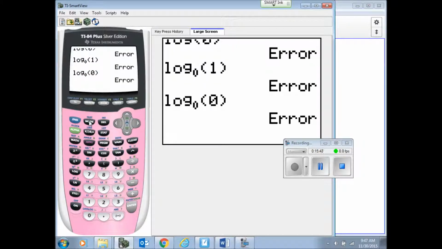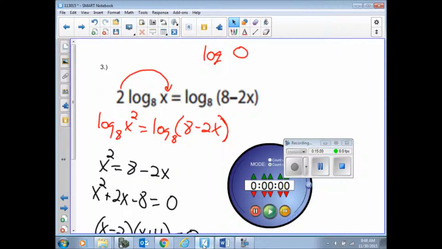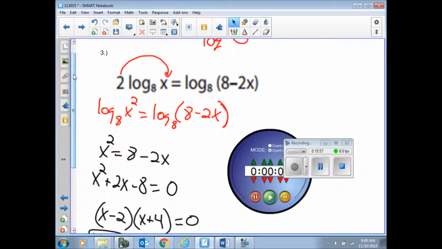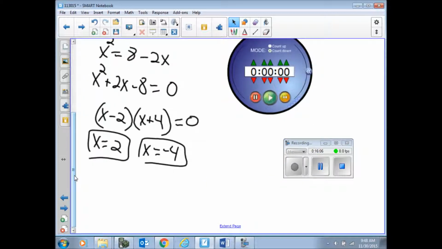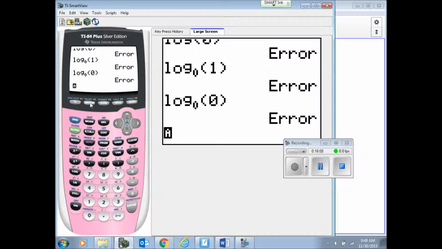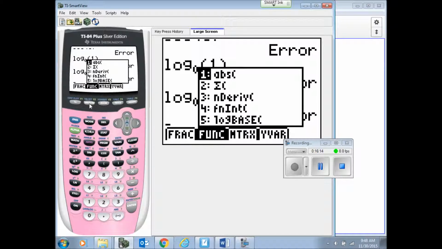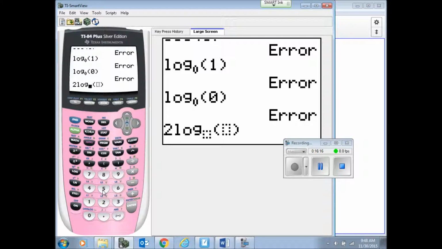All right, so did we actually even check our answer? No, I did in my head. Okay, so what did we say the answer is? We want to plug in 2 right here and 2 right here. So 2 log base 8 of 2. So let's check that. 0.666666667. All right, yep, that sounds right.